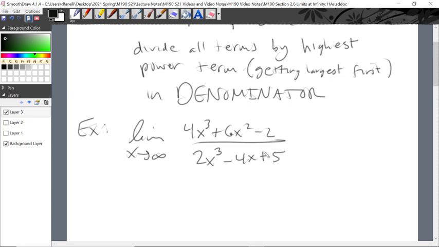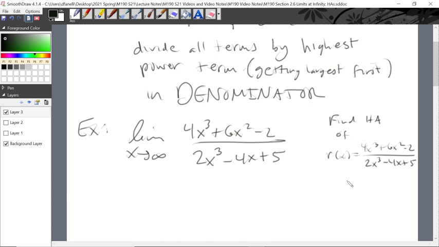So geometrically, what we're asking here is to find the horizontal asymptote, something you would have been asked to do in a pre-calculus class. Find the horizontal asymptote of the rational function r of x equal to this expression right here, 4x cubed plus 6x squared minus 2 over 2x cubed minus 4x plus 5.